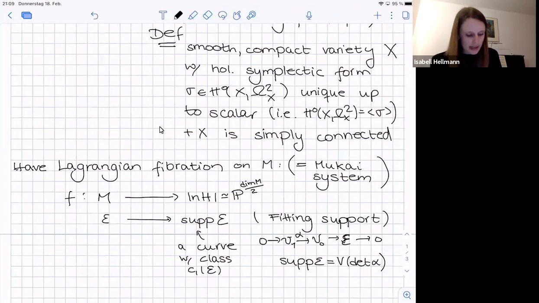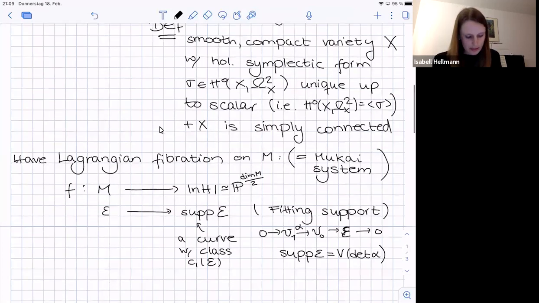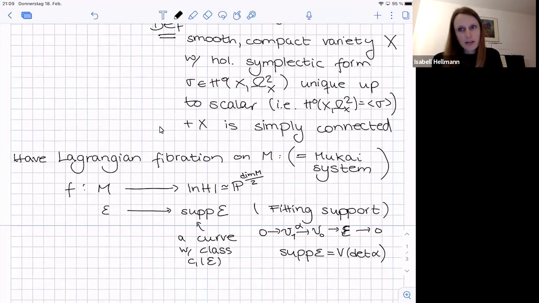If you have something locally free of rank 1 on a curve, then the Fitting support equals the set-theoretic support. But if you have something locally free of, say, rank 2, then the Fitting support will be 2 times the set-theoretic support.